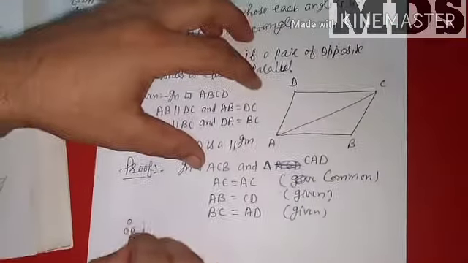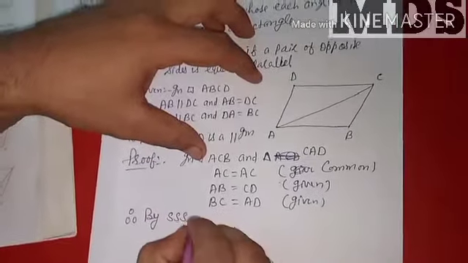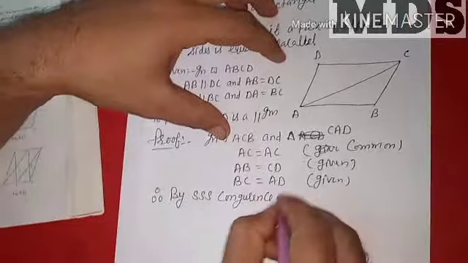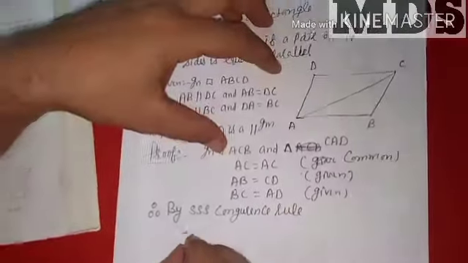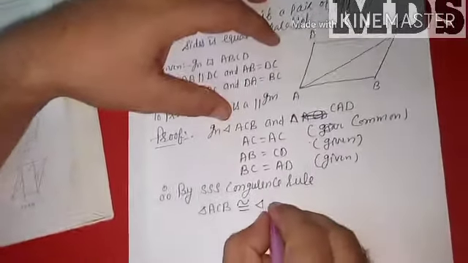Therefore by the SSS congruence rule, triangle ACB is congruent to triangle CAD.